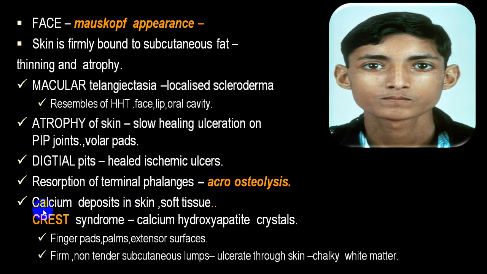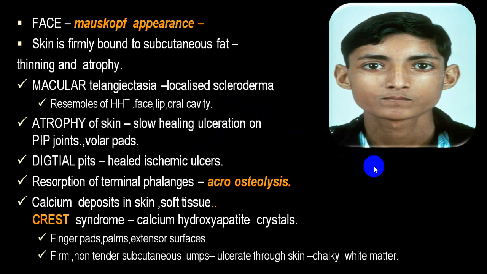If there is calcium deposit with involvement of other organs, and the deposition is of calcium hydroxyapatite crystals, that is CREST syndrome. We already mentioned before: C for calcinosis, R for Raynaud's phenomena, E for esophageal dysmotility, S for sclerodactyly, T for telangiectasia. So these are all the findings you can see. And on the face, it is typically described as mask-like appearance.